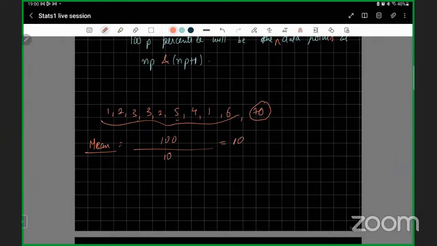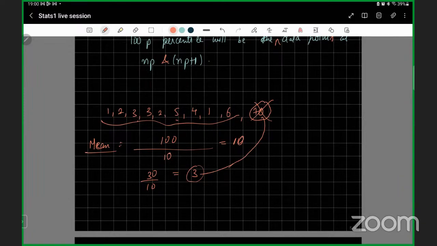You get the mean to be 10. Now, in case you remove this 70, what do you get? You get 3. Just one value is bringing the mean from 3 to 10, right?